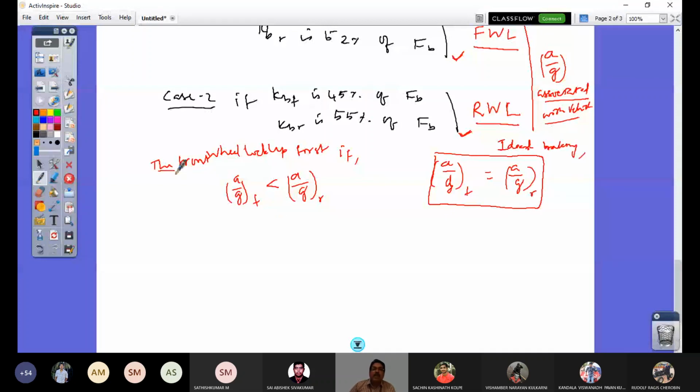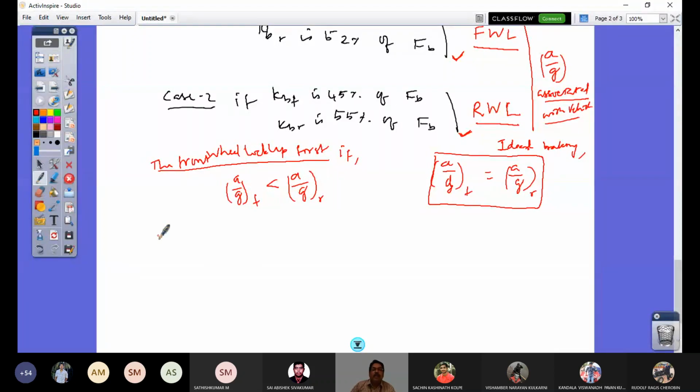Whereas if you look here, front wheel lockup first means A by G, the deceleration of the vehicle associated with the impending front wheel lockup. Impending front wheel lockup means all the wheels are not locking and the front wheel is about to lock. If the deceleration associated with the vehicle that is expected turns out to be lesser than this, then you would have front wheel lockup first.